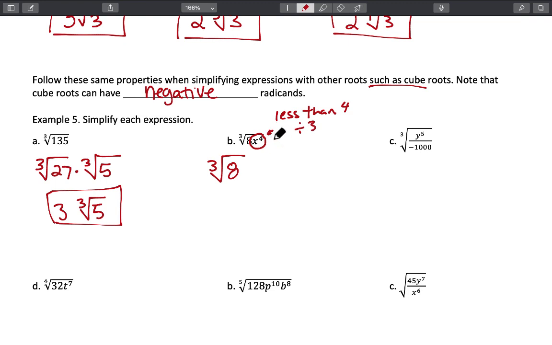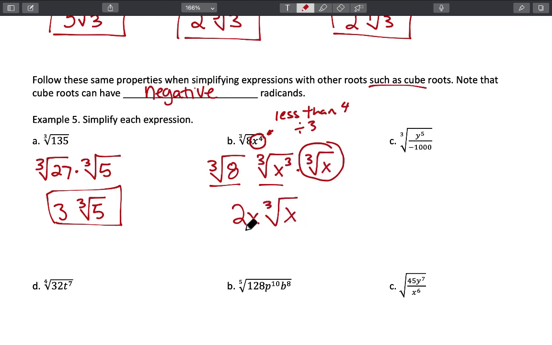Well, that number would be 3. So you're going to write this as the cube root of x cubed times the remainder amount, which would be the cube root of x. Because if you were to multiply these back together, you would end up with x to the 4th. So now we can simplify these first two. This becomes 2. The next one is x. But I can't simplify that third term there, so it just remains as the cube root of x. All right, there's your final simplification.